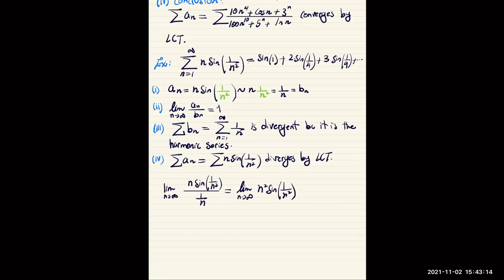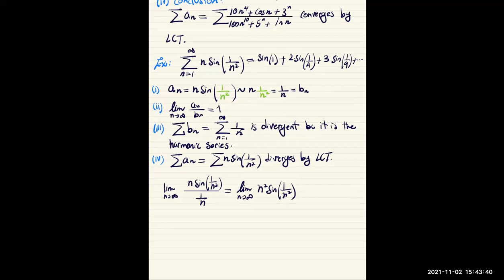Yeah, multiply by the reciprocal. So this is the same as multiplying by n over 1, and it gives you that. Now, when you take the limit, this is going to be infinity times 0, and it's indeterminate. So you have to write it as a fraction so you can do L'Hopital's rule.